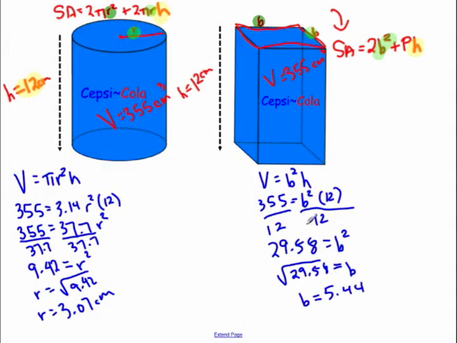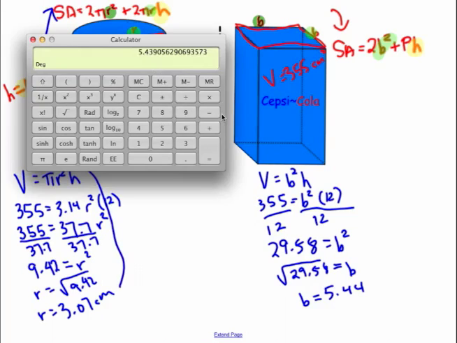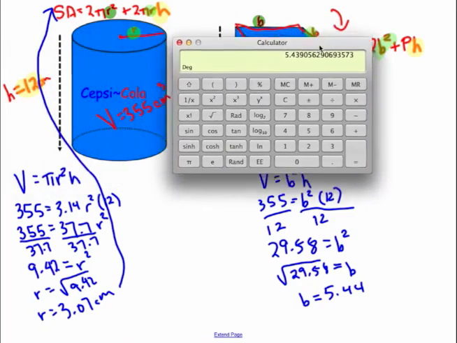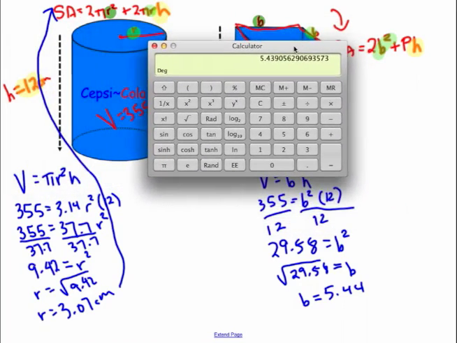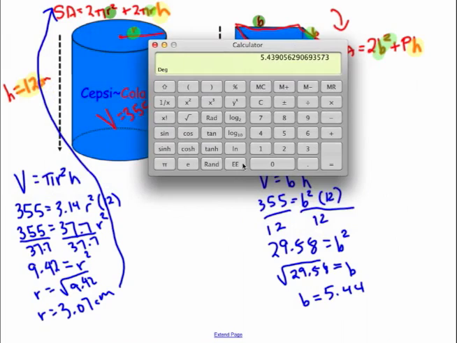Okay, so now I think we have enough information to go back and actually calculate the surface area. All we're going to do is substitute this into the surface area formula. So let's punch it into the calculator. You know what pi is, you know what r is, you know what h is, so I'm just going to do the calculation in one step.